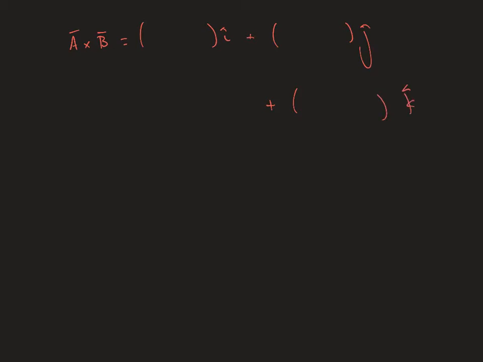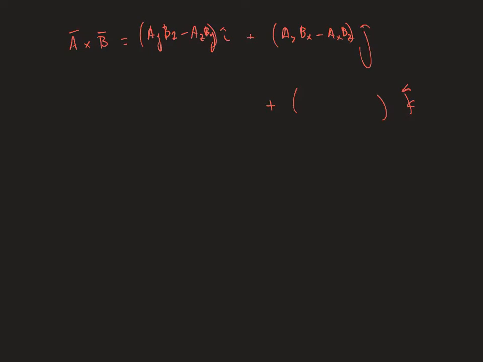And this term is AyBz minus AzBy. And this term that is on the j direction will be Az Bx minus Ax Bz, correct.